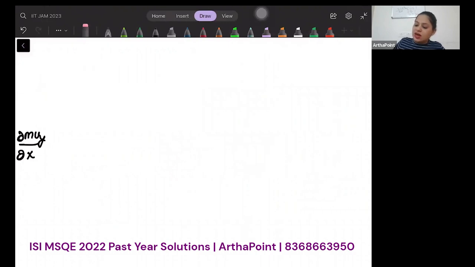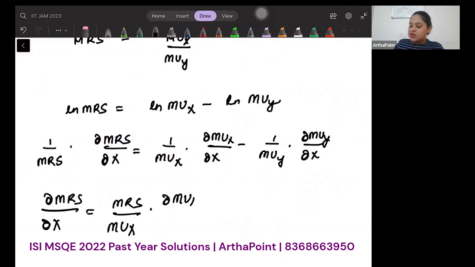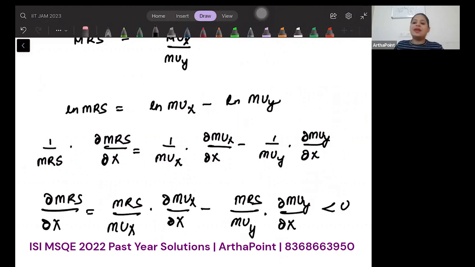So del MRS with respect to x will be MRS by MUX into del MUX by del X minus MRS by MUY into del MUY by del X. And I want this to be negative.